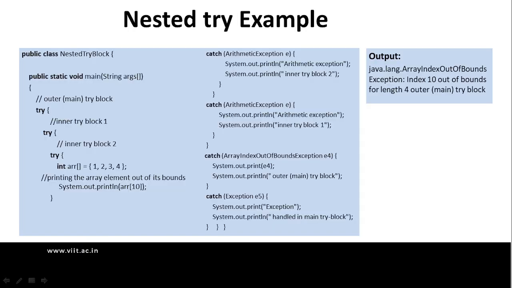Example of nested try. Public class NestedTryCatch, public static void main, try, outer try, inner try, again inner try.